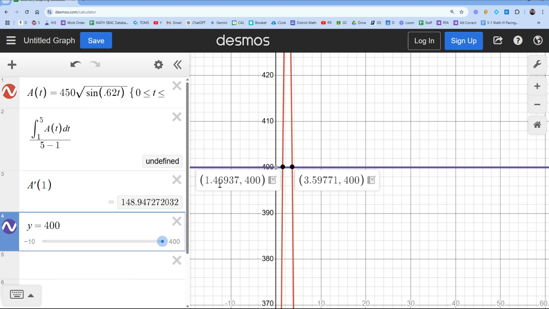So first of all, a line first starts to form when A equals 1.469. So I'm going to go back to my sheet for part D and say A equals approximately 1.469. And that is the time when a line first begins to form.